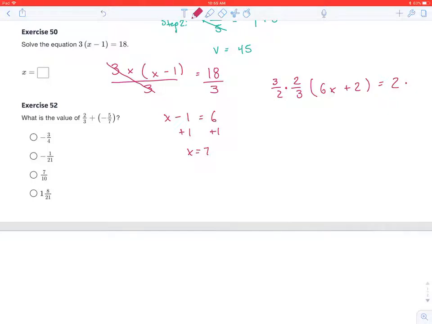And as long as I do the same thing to the other side, then I'm following the rules for equations. I'm following the multiplication property of equations. These would cancel out to leave me with 6x plus 2. And then over on this side, these would cancel out and just leave me with 3. And then after that, I would simply treat it like a two-step equation.